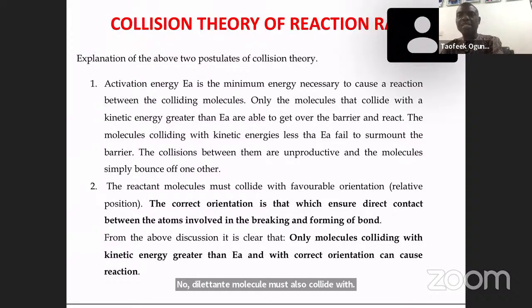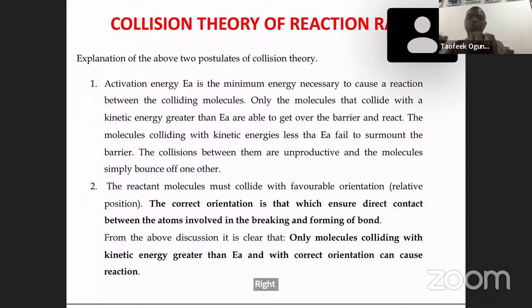The correct orientation is that which ensures direct contact between the atoms involved in the breaking and forming of bonds, because those two atoms need to interact with each other. If the molecules are reacting with an orientation where the two atoms that are supposed to interact are not getting in contact with each other, you're not going to have a reaction.